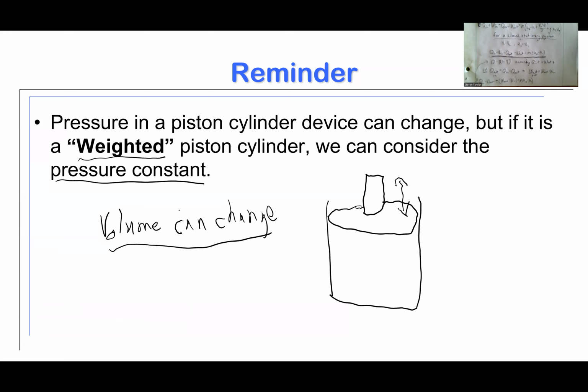That's pretty rare for this particular set of authors. I don't know why they don't use that term, but what they will tell you is kind of a more realistic scenario. They'll say, "Hey, we've applied a constant amount of weight to this piston." That's what they're saying by this weighted term. They're saying we've added a constant amount of weight onto this piston, and that's going to generate a constant pressure as the volume of this thing changes. So that's just something that they will tell you.